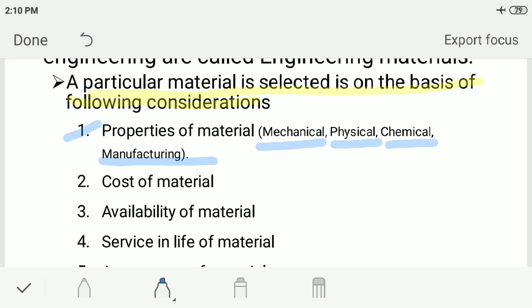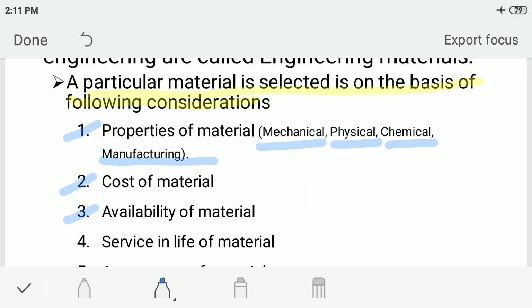The second thing we need to consider is the cost of the material. Cost plays a very important role while selecting a material for a particular application. The third thing is availability of the material, whether the material is available abundantly and easily.